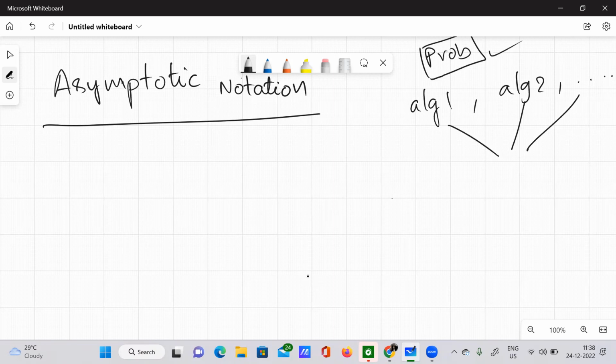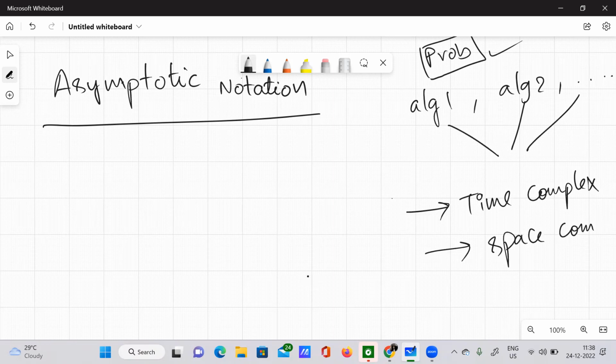right? So while analyzing a problem, we have already seen what is meant by time complexity and what is space complexity. We have already discussed, right? So now these asymptotic notations are very much important when we consider this particular time complexity scenario.